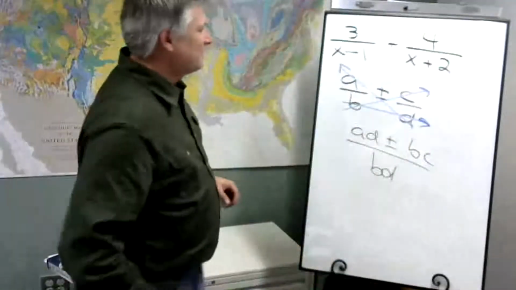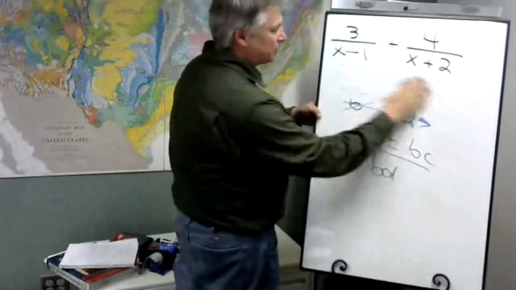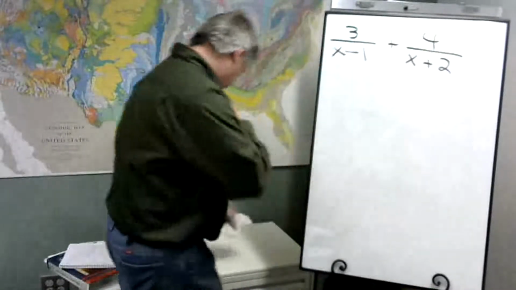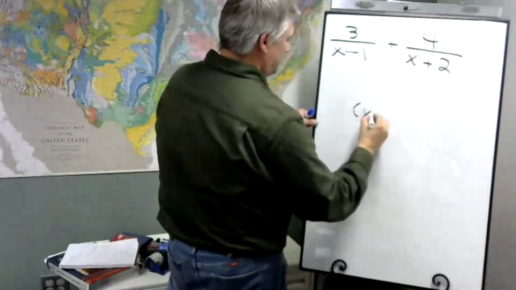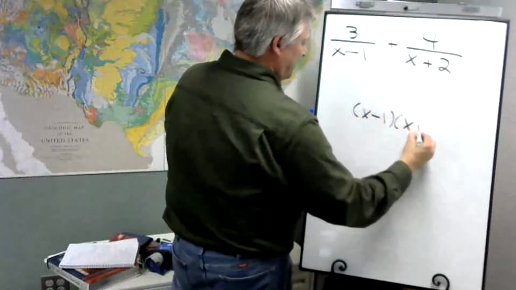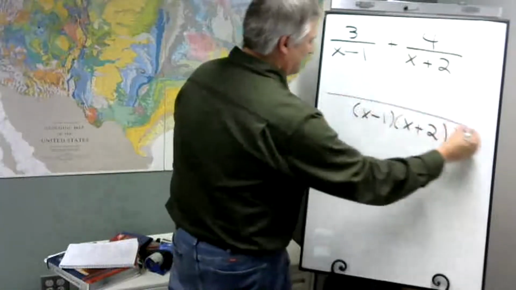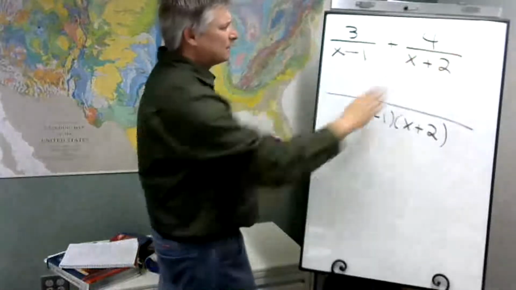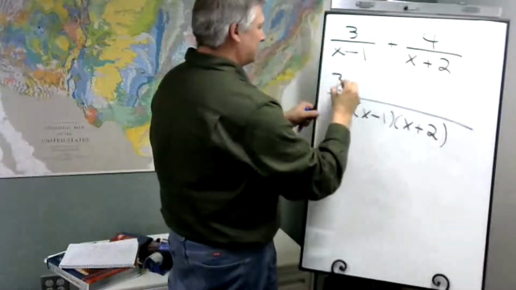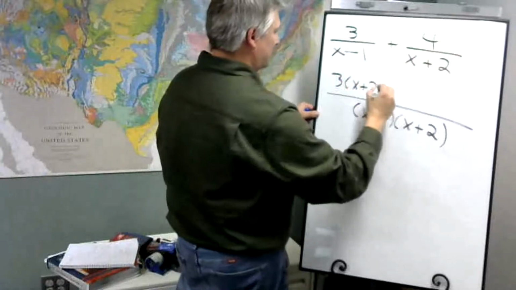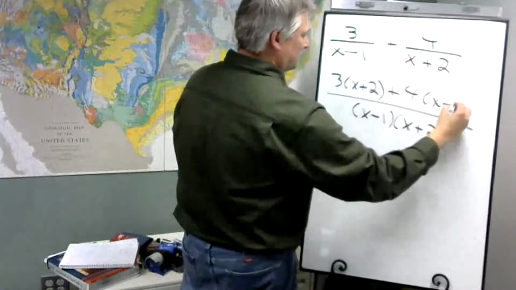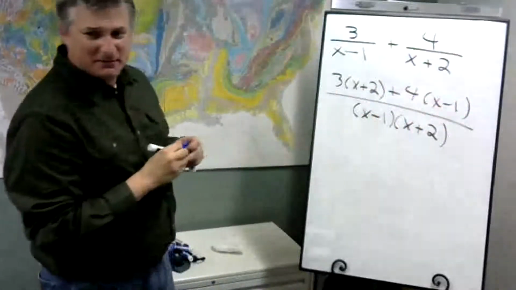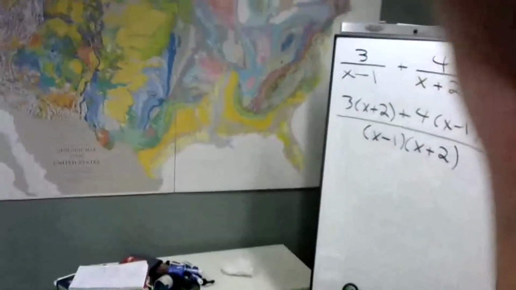So if we add these two rational functions, x minus 1, x plus 2, again, multiplying across, cross multiply, cross multiply, and let's make sure you can see this. Sometimes it gets a little bright.